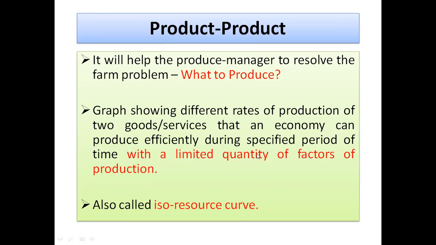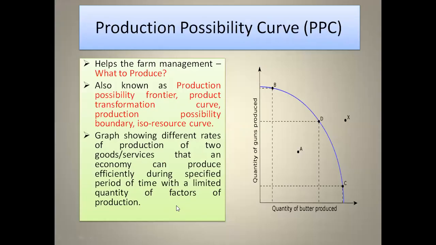Your factors are limited. Using those limited factors, you will produce two products. How to combine those two products? This is called the production possibility frontier. It is also called the iso resource curve. Why? Because the factor is the same, constant. There it was the iso product curve in the isoquant. Here it is the iso resource curve.